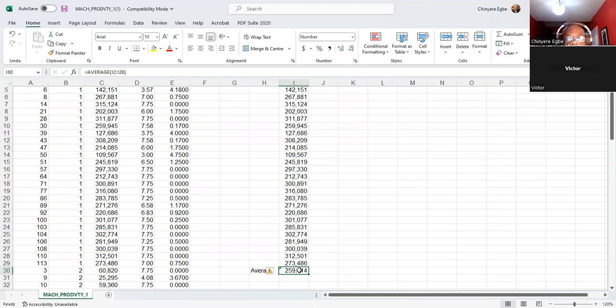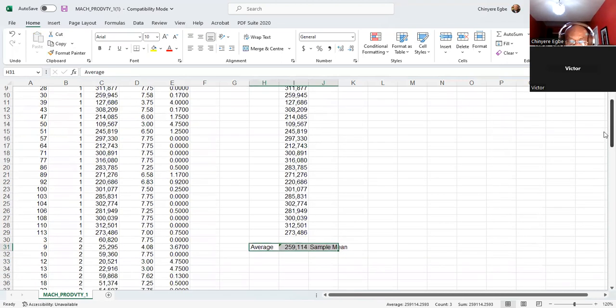So we get an average of 259. Get that? So this is what we call our sample mean. Yes, I got that. All right. That's it. There's nothing magical about it. The sample mean is you take raw data like this, and simply get the average. So the next thing is to get the sample standard deviation.